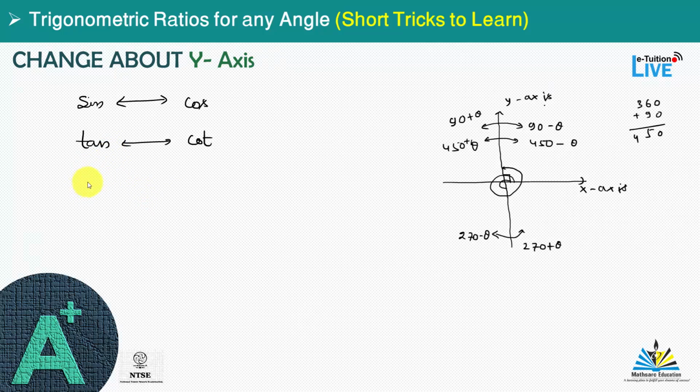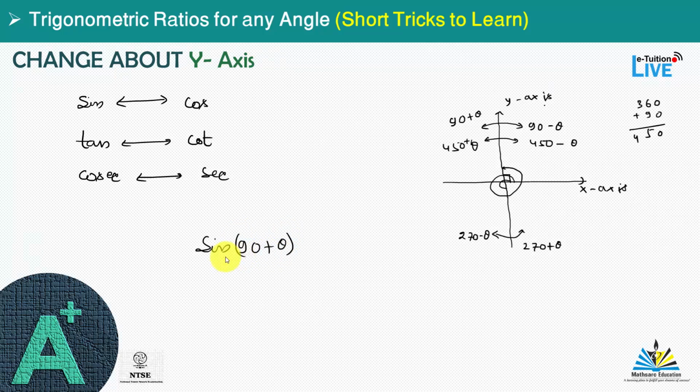Another one, cosec will change into sec and sec will change into cosec. So these trigonometric ratios will interchange if we have a formula related to the y-axis.